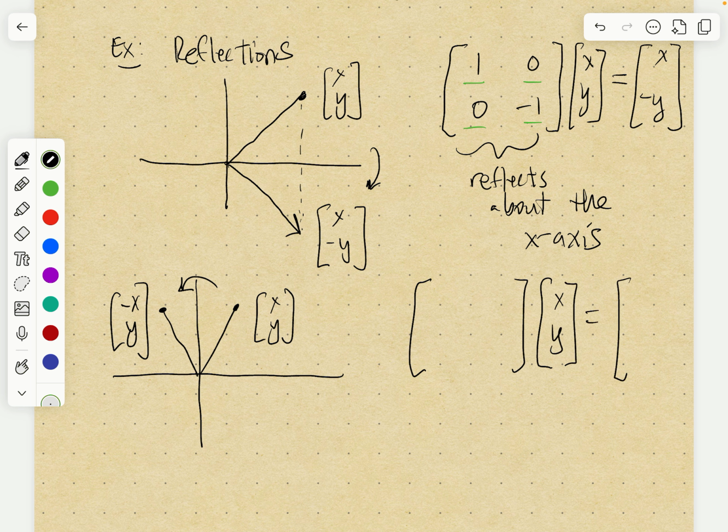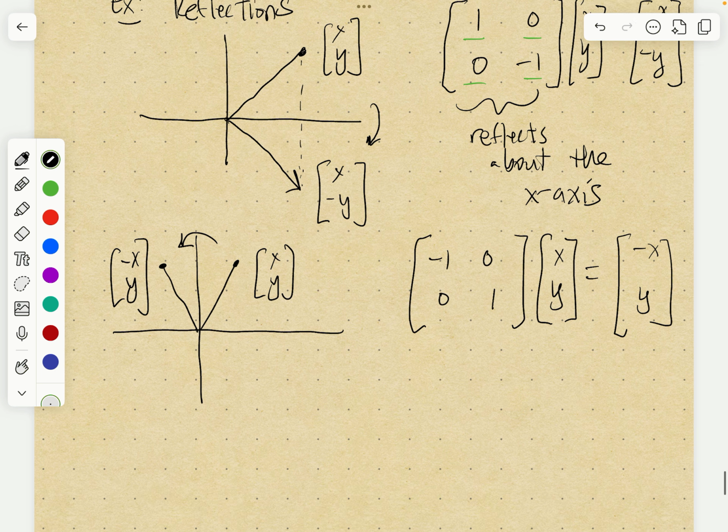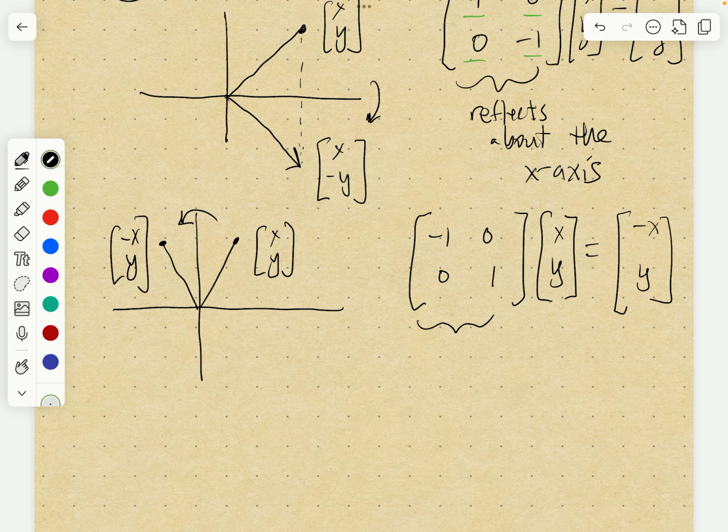What matrix will take (x, y) to (negative x, y)? It's going to be negative 1, 0, 0, 1. This matrix is the matrix that reflects vectors about the y-axis, or across the y-axis. Okay?